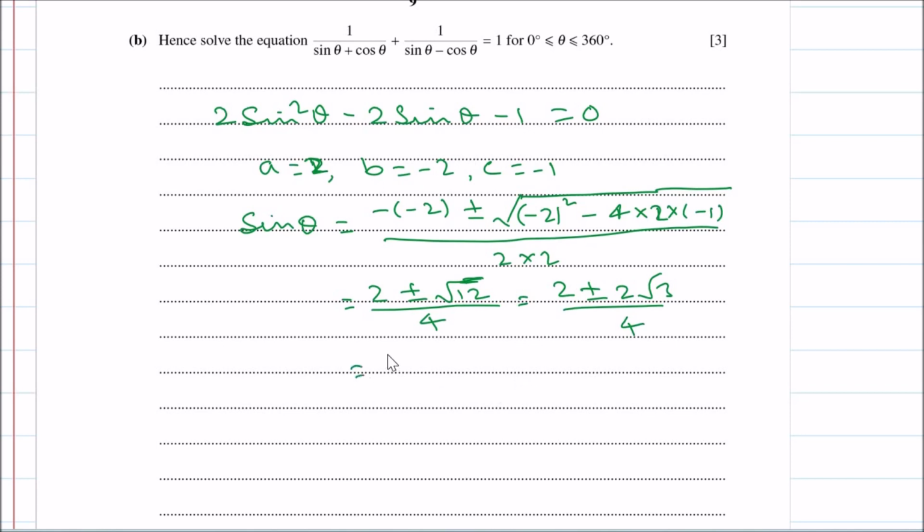Now we can simplify it further, taking 2 as a common factor. So 1 plus minus root 3 divided by 4, times 2. Now this 2, this 2 cancel. So we get 1 plus minus root 3 by 2. This is sine theta. We have to find theta.